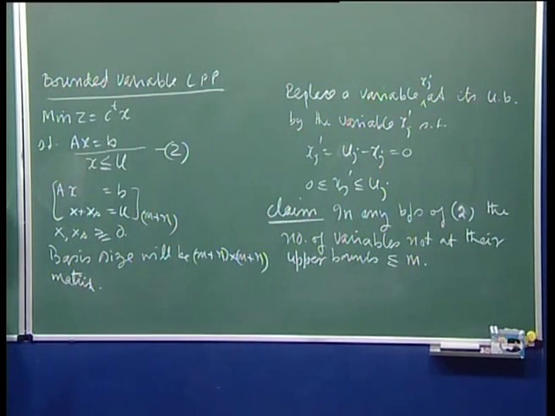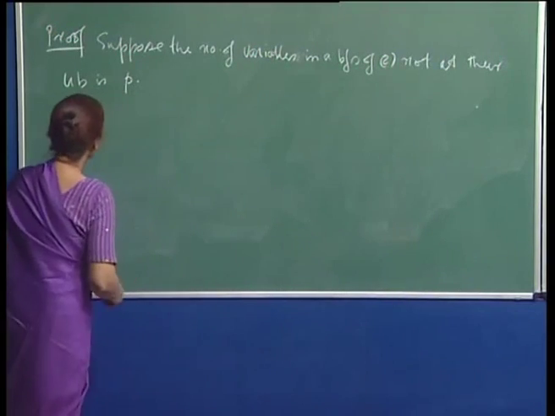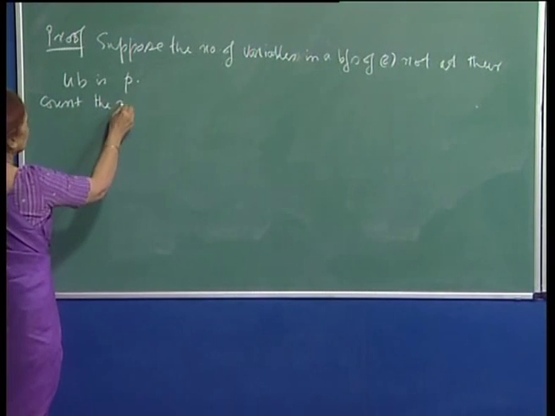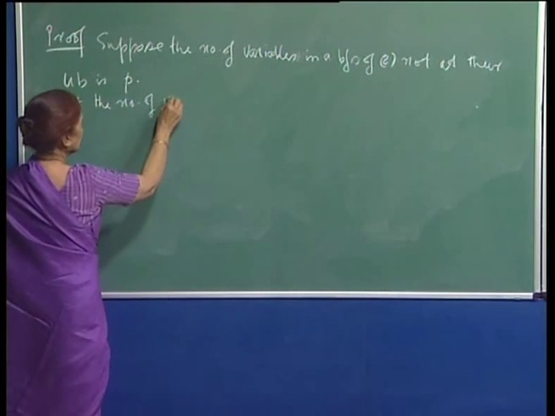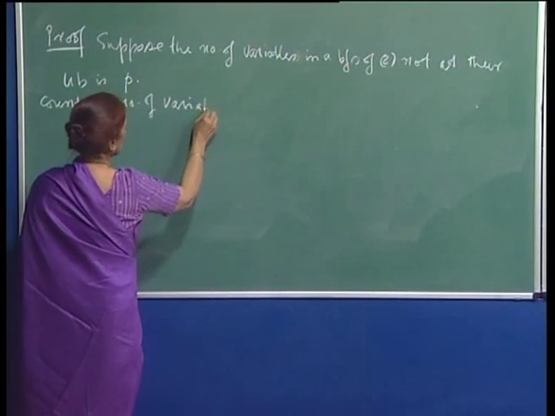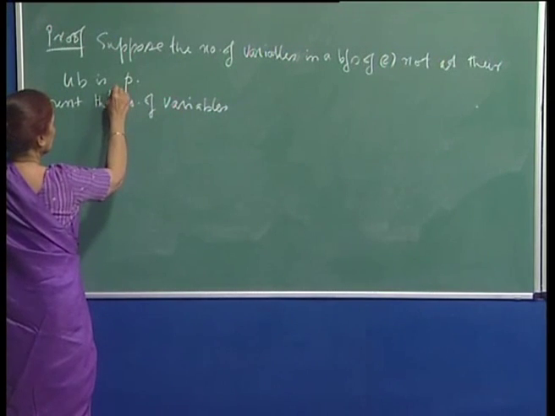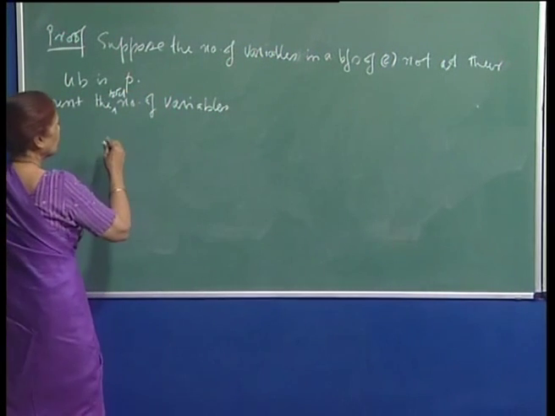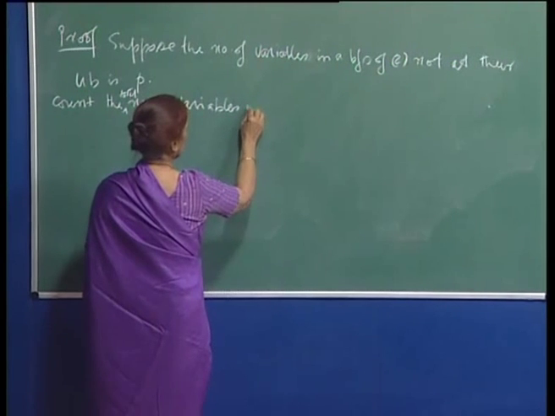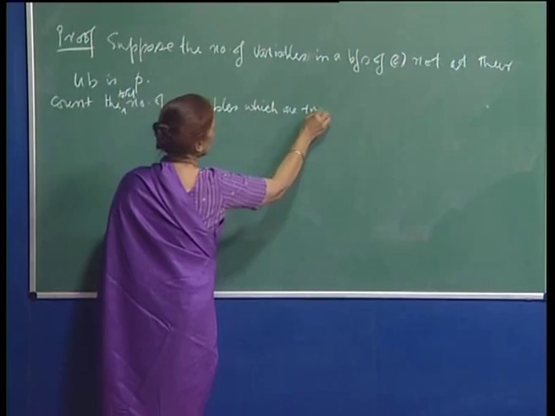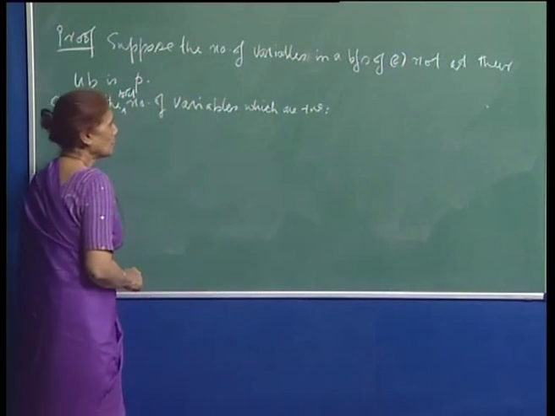I am saying that suppose the number of basic variables not at their upper bounds is equal to p. So, count the total number of variables which are positive.